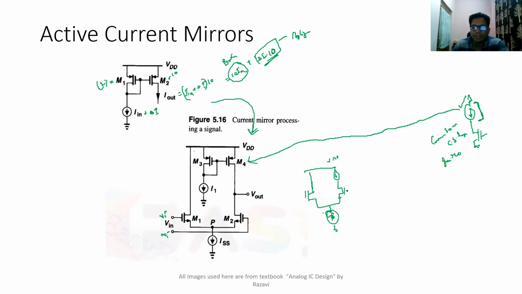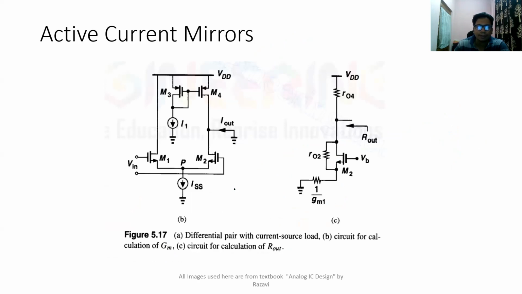Now, for this circuitry, what is going to be its output gain? What gain will you be getting here? Let us analyze that circuitry. For the voltage gain of any circuitry, you can find it by getting its Gm and multiplying it with R out. It is a large signal Gm and large signal R out here.